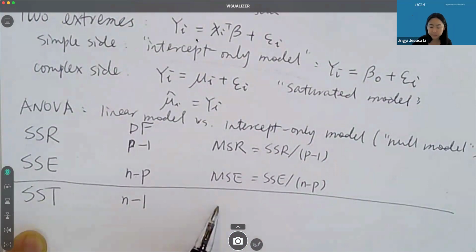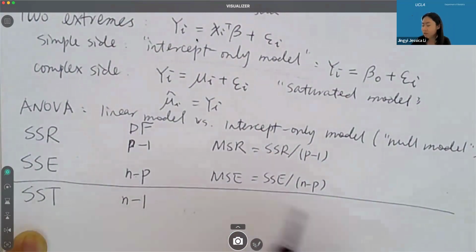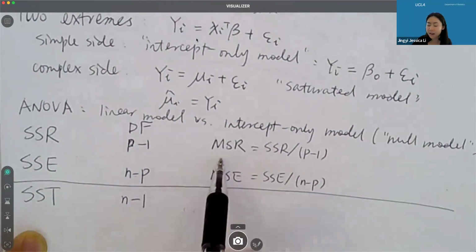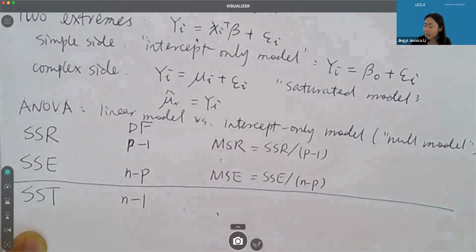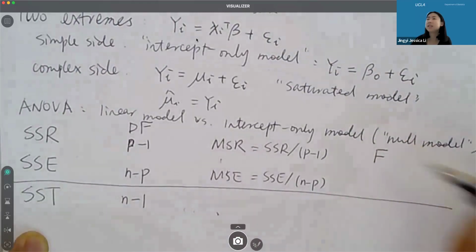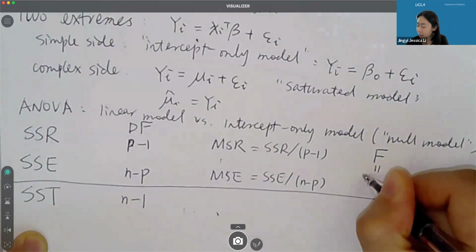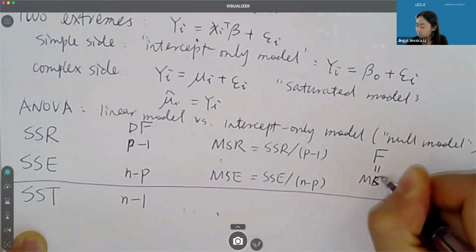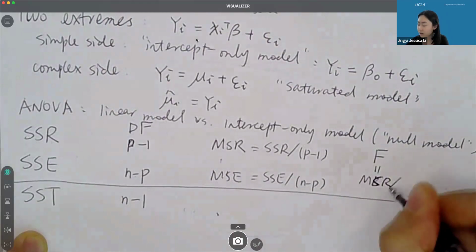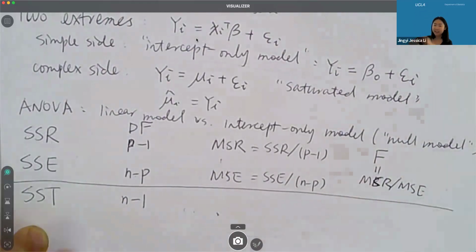Finally, down here, we don't care about this because we would not use this anymore. The test statistic we will use will be based on MSR and MSE. And this is called the F statistic in ANOVA. The F statistic is defined as MSR over MSE. Okay.